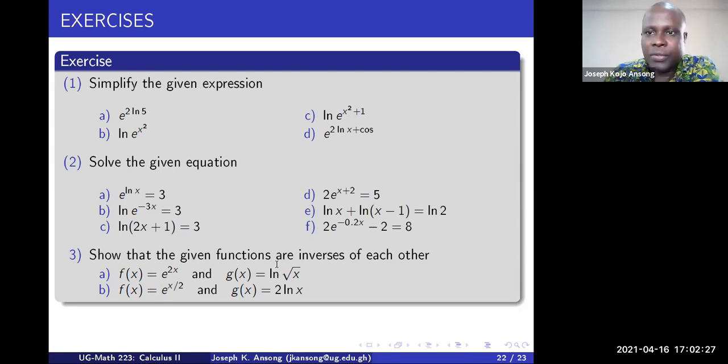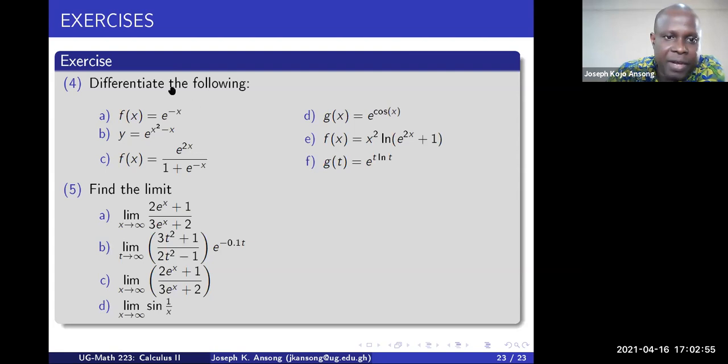Basically, you want to use the cancellation equations, where you find a composition of the functions. So find the composition of these functions, f of g and then g of f. If you get x for both cases, then you have shown that they are inverses of each other. So you can try that.